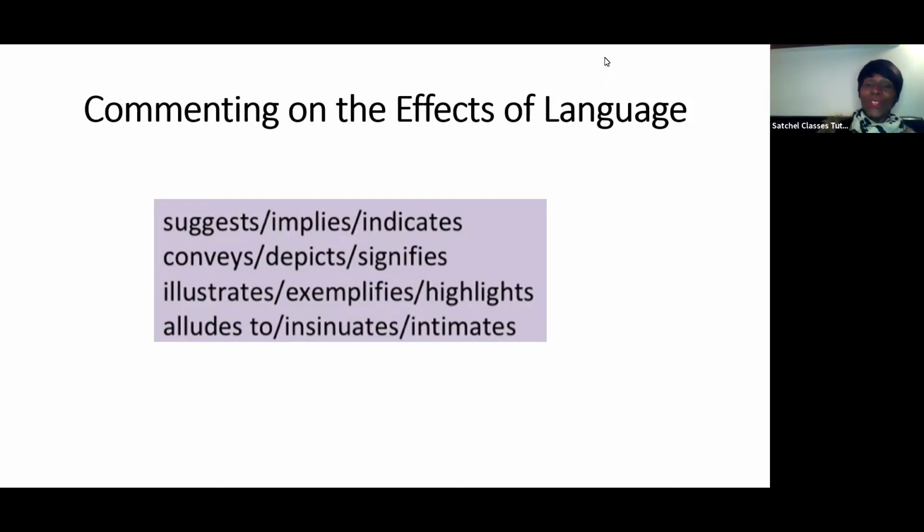Don't say shows when you can have other words like this suggests, this implies, this indicates, this conveys, this depicts, this signifies, this illustrates, this exemplifies, this gives an example of, this highlights, this alludes, it subtly shows us, insinuates and intimates, infers that this is what's happening. So this is explaining why Shakespeare is using this word, or this phrase, and what it's really showing about Macduff and his power.